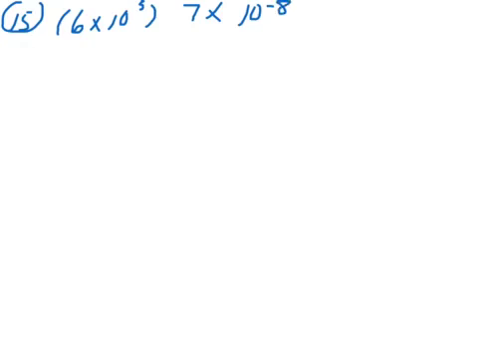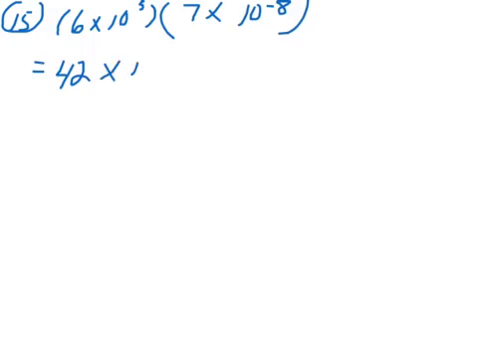Just a note that if you have negative exponents, let's see if I can do this one quickly. This is number 15, 6 times 10 cubed times 7 times 10 to the negative 8 power. Okay, so I can say 6 times 7 is 42. And then I've got 10 cubed times 10 to the negative 8.